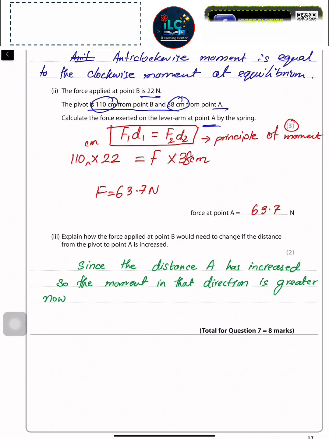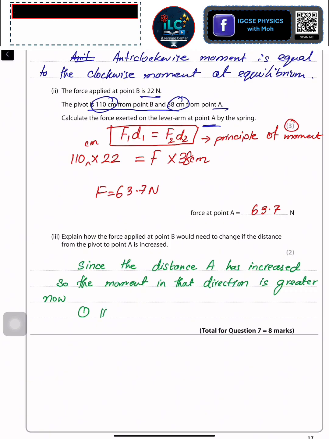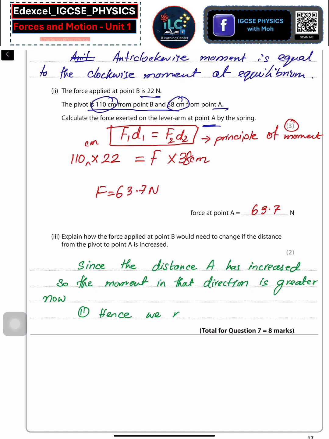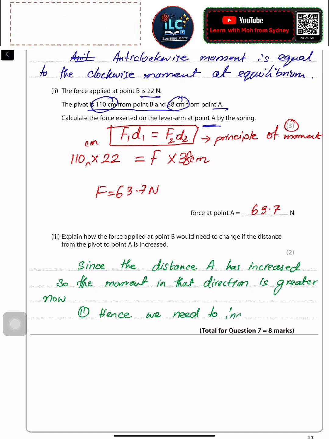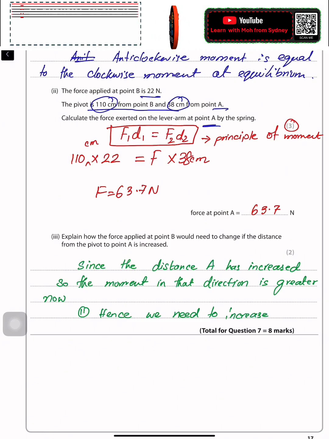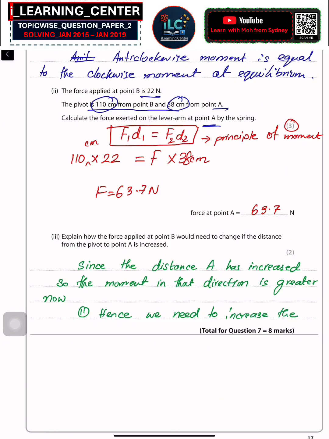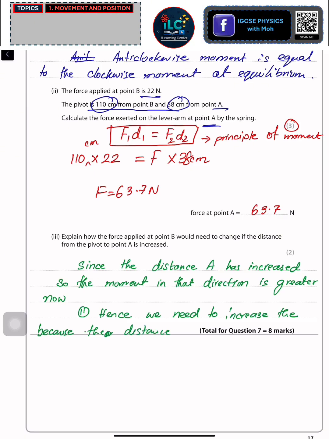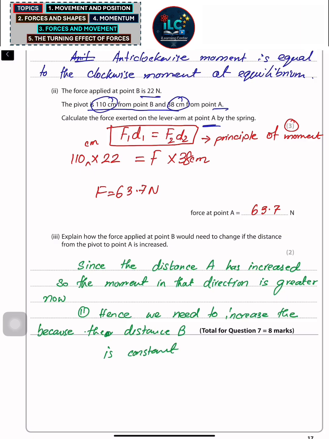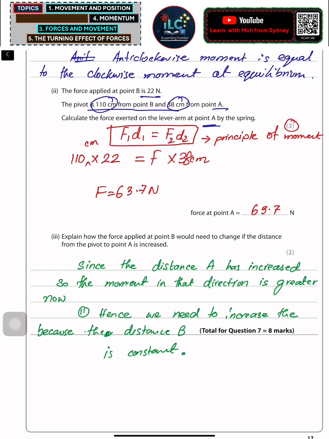Okay, this is 1 marks, and then you will say hence we need to increase the force because the distance B is constant. So this is good enough.